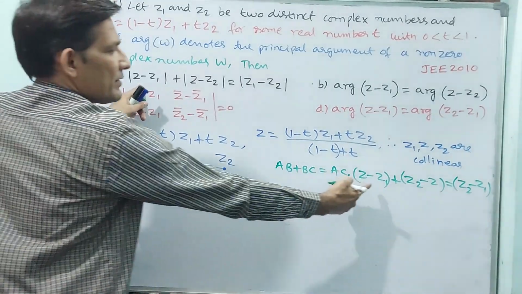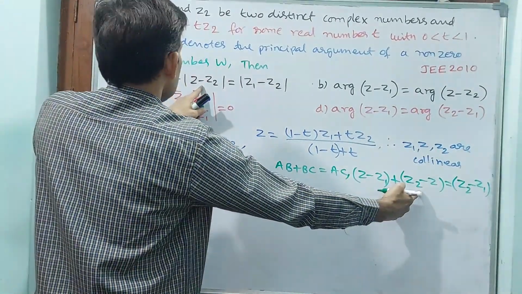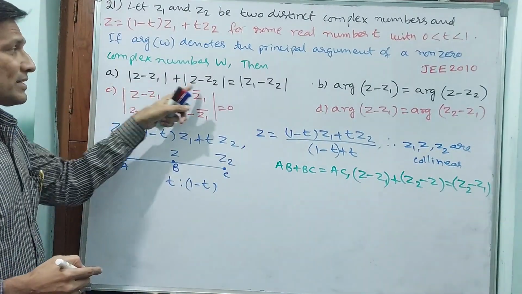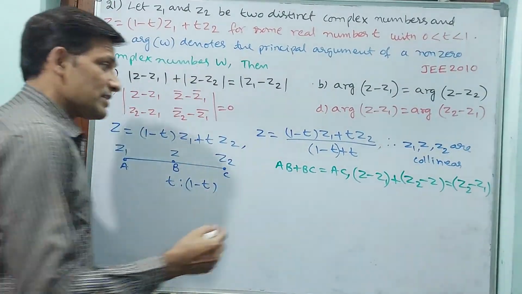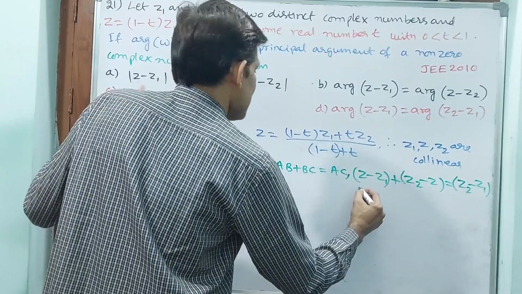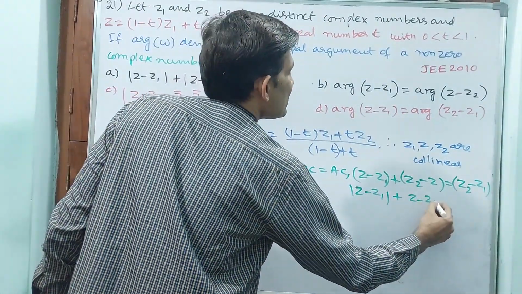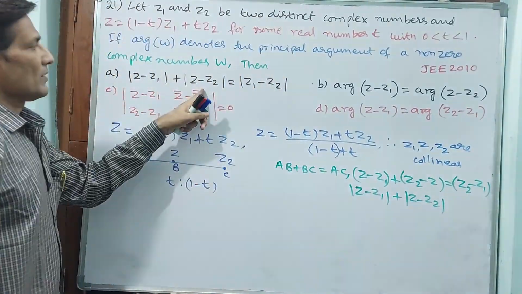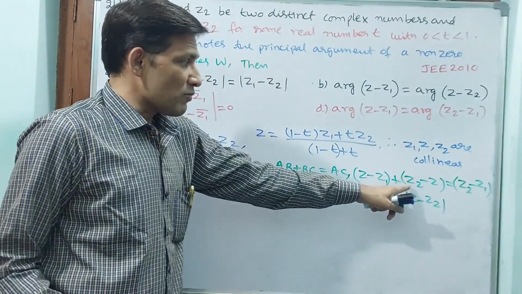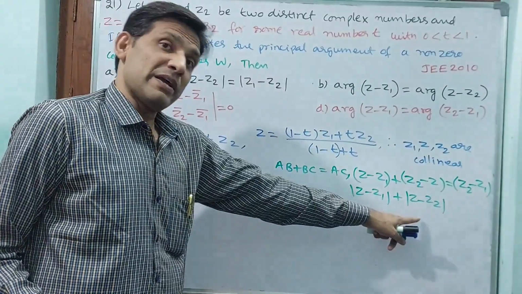Z minus Z1, Z minus Z2. See here, modulus is there. If modulus is there, automatically you can write this as Z minus Z1, same, no problem, plus this you can write Z minus Z2. Why? Because modulus. Without modulus it is Z2 minus Z1; with modulus Z minus Z2 also you can write.